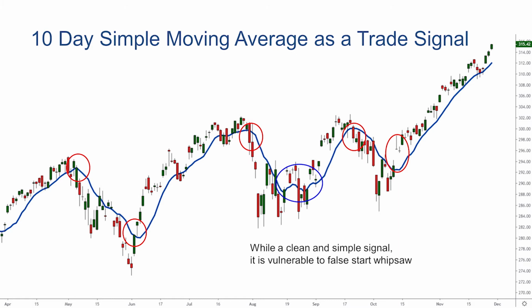But really, I think the key takeaway here is that as long as you find some reasonable way to manage that risk, then often you can just use a simple moving average as a simple guide to whether or not the trend is in your favor on the stocks that you want to own.